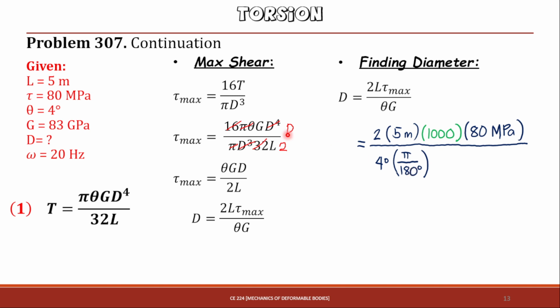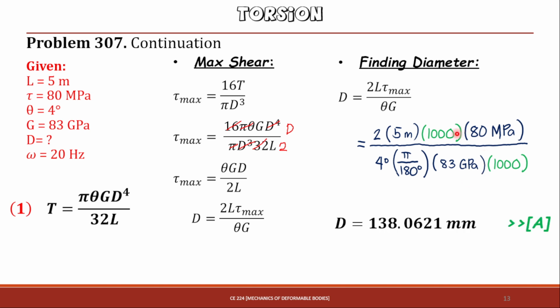And then, we have yung modulus of rigidity na 83 gigapascal. Tapos, multiply natin ng 1,000 para maging megapascal. So, like terms sila nang nasa taas. Okay? So, solving sa calculators natin, we will get the value for the diameter na 138.0621 millimeters. And again, store nyo siya sa calculators nyo for future use.